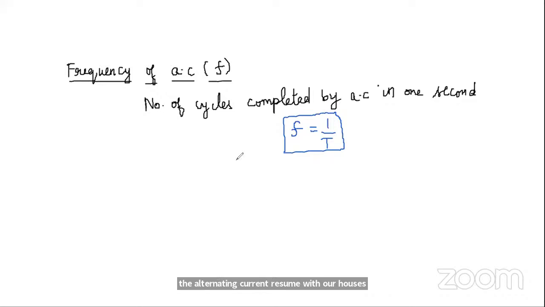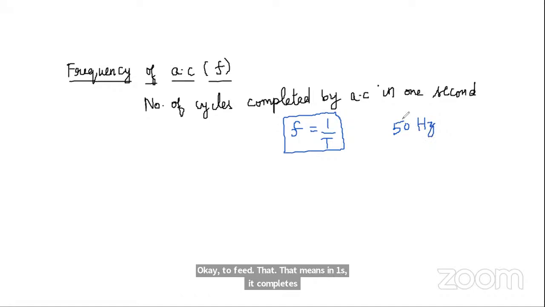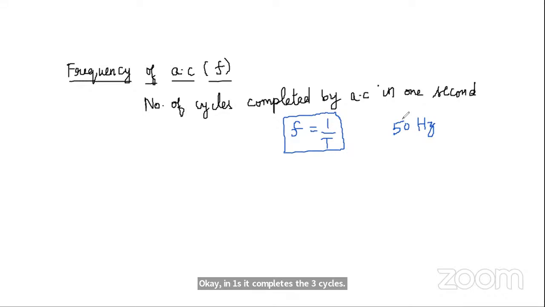We know the value of it. It is actually 50 hertz. That means in 1 second it completes 50 cycles. So in our houses we are receiving alternating current at the frequency of 50 hertz.